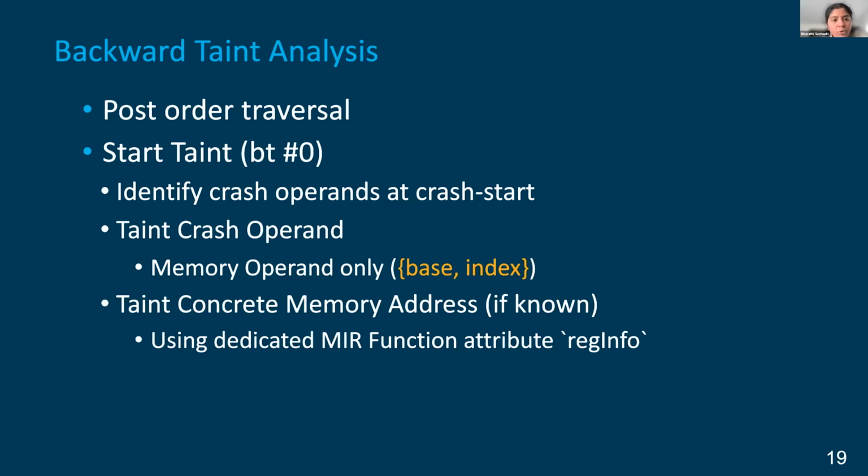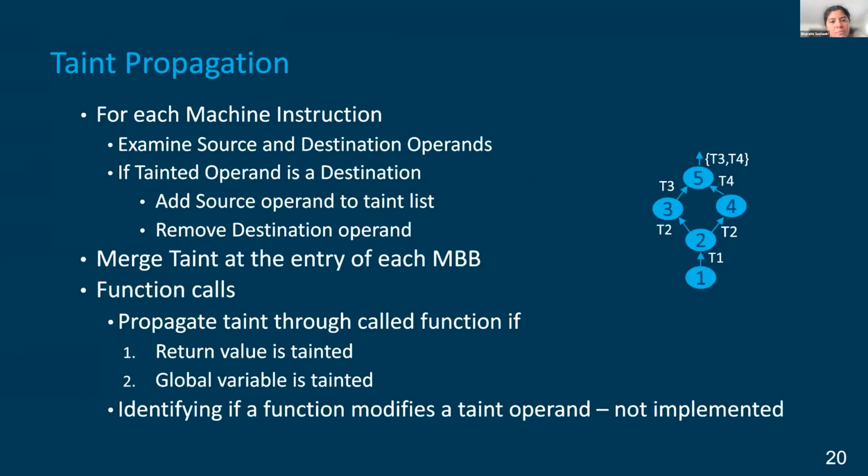If we know the value of the base and the index register, then we calculate the concrete memory address of this operand and taint that as well. And then we propagate this taint by inspecting the destination and source operands for each MIR. And if we find the destination operand to be in the taint list, then we remove that destination operand from the taint list and replace it with the source operand.